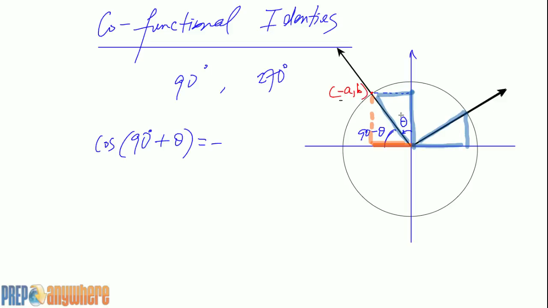So what's opposite to the angle theta? Is that the length of a or length of b? This length is a, okay? So this would be a. In fact, it's negative a in the second quadrant. And this would be b.